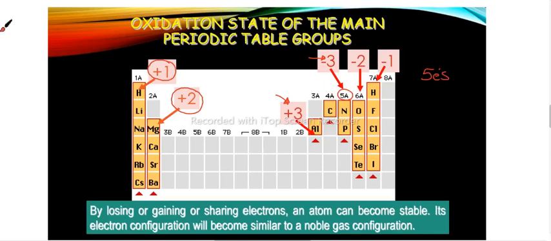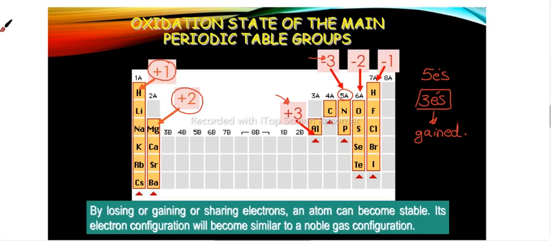When talking about stability, another time it's the octet rule, and the octet rule says that it is 8, so I need 3 electrons to become stable. Why is it negative in charge? Since the element gained these electrons. So I've got gaining of electrons right here. So for group number 5, it will be a negative 3.